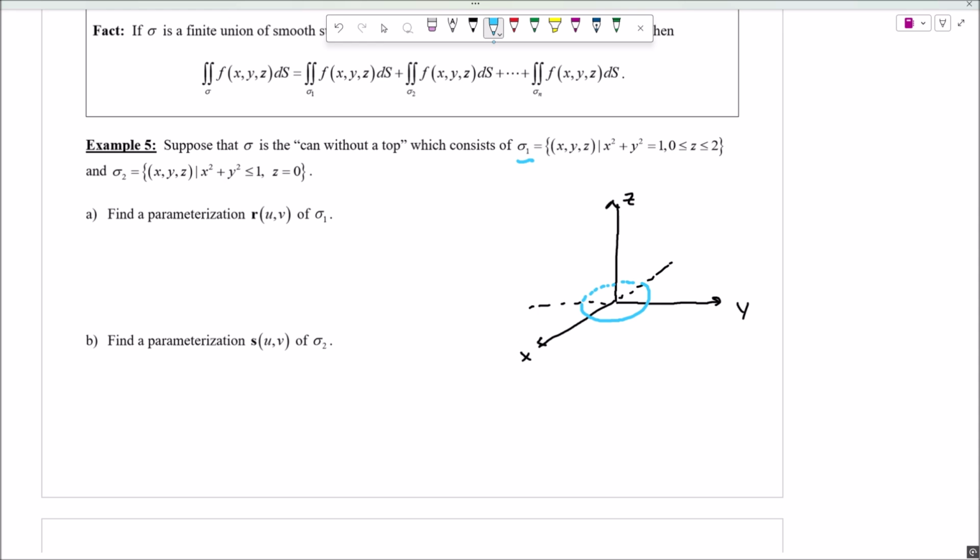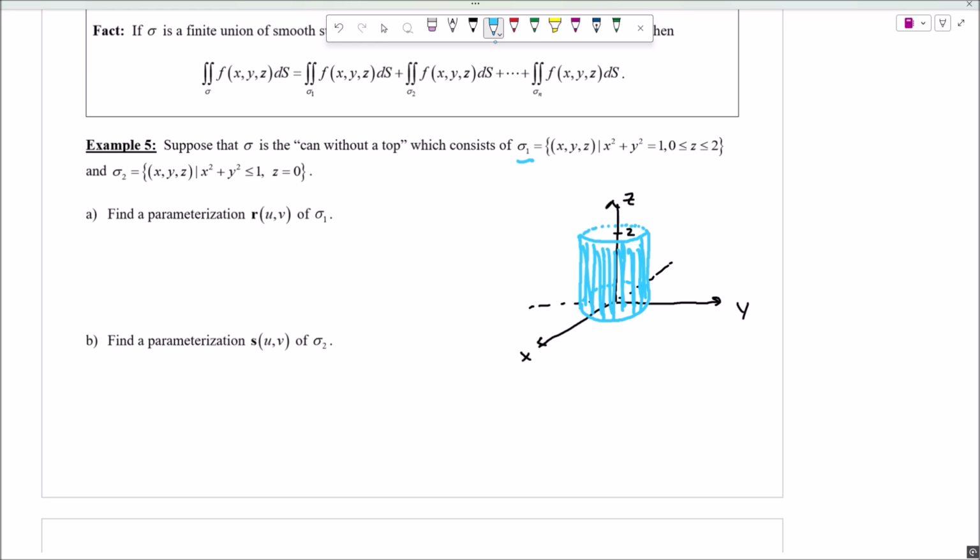I can draw it all the way up until I hit a z value of 2. This represents the wall of the can, my outer edge.